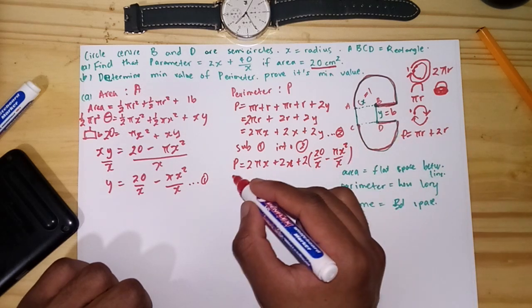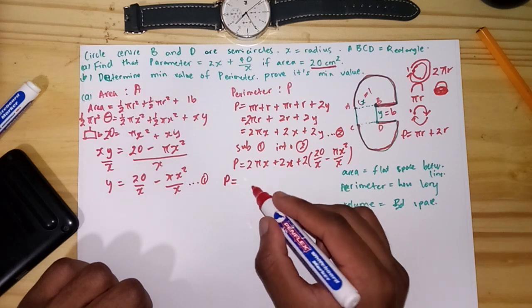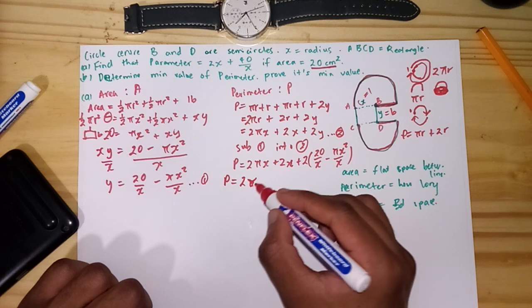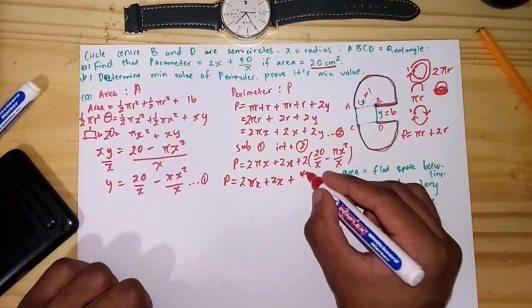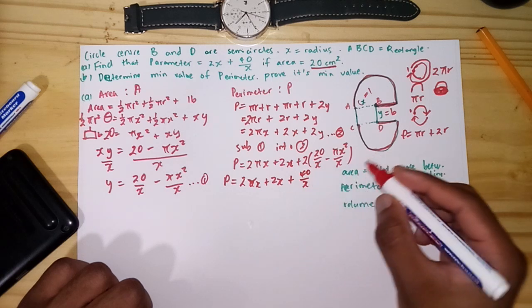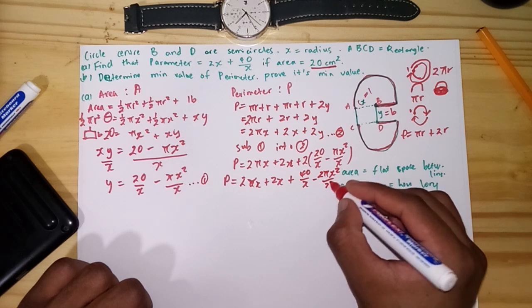And then after that, you're just going to say p is equal to 2 pi x plus 2x plus 40 over x minus 2 pi x squared divided by x.